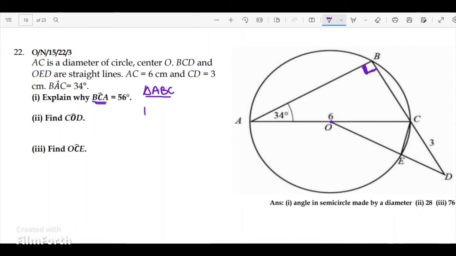If I have to work out angle BCA, first of all, angle A is already given. So angle ABC we said would be 90 degrees. Why? Because it's an angle made by a diameter.